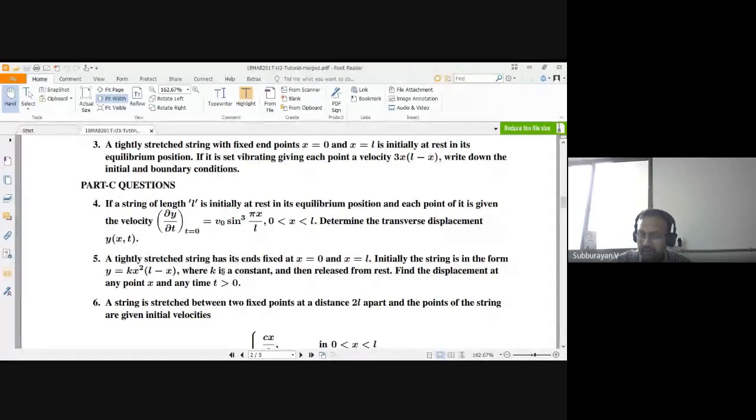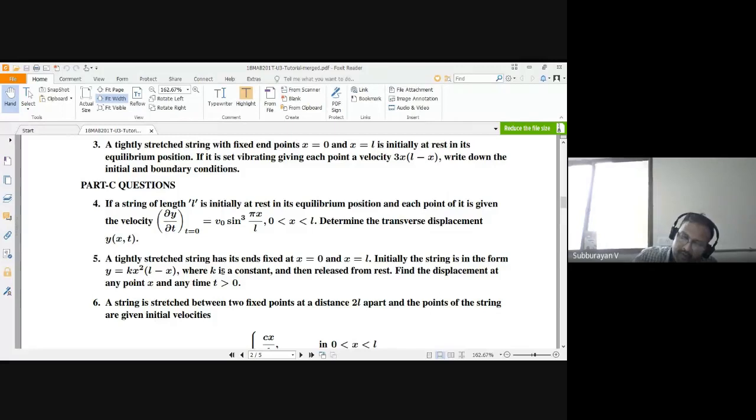Okay, fine. See, therefore, at the last, what you will get: 3v0 by 4 into sine pi x by L minus v0 by 4 into sine 3 pi x by L, which is equal to summation n equal to 1 to infinity bn dash into sine n pi x by L. Okay, see if you expand the series, what you will get: b1 dash sin pi x by L plus b2 dash sin 2 pi x by L plus b3 dash sin 3 pi x by L and so on.